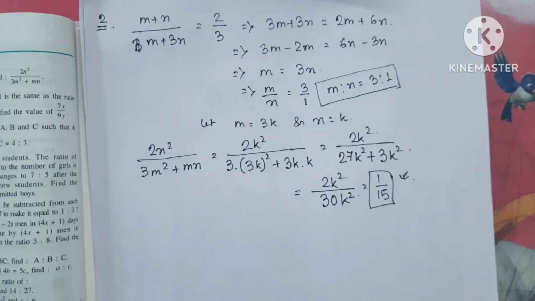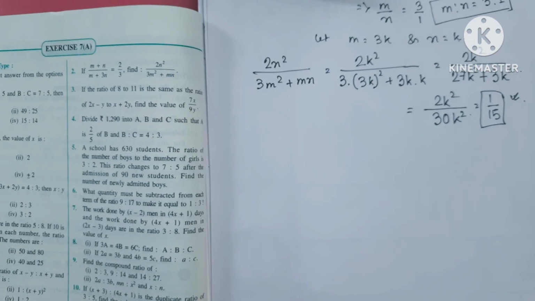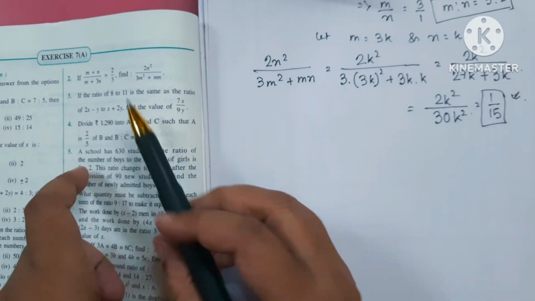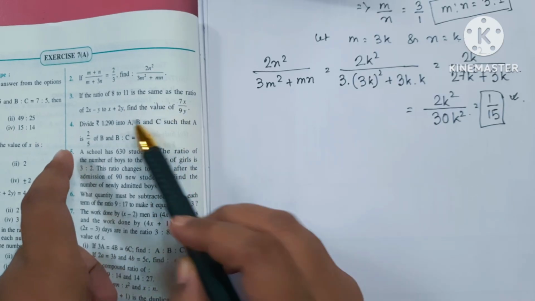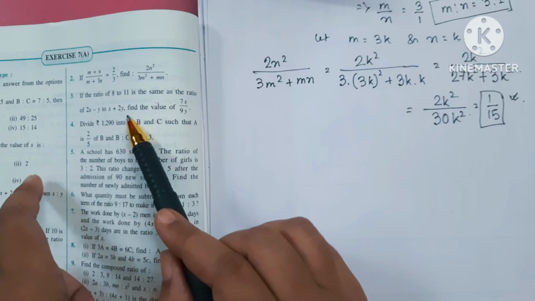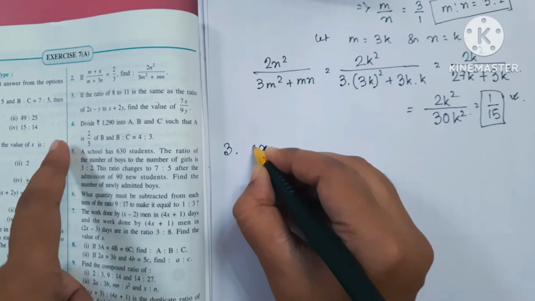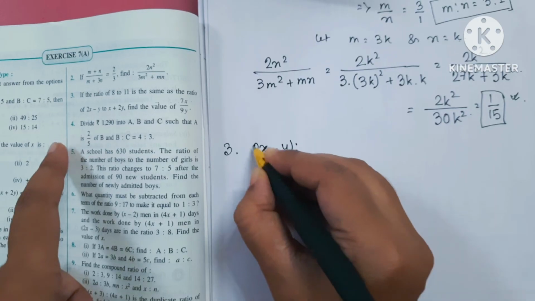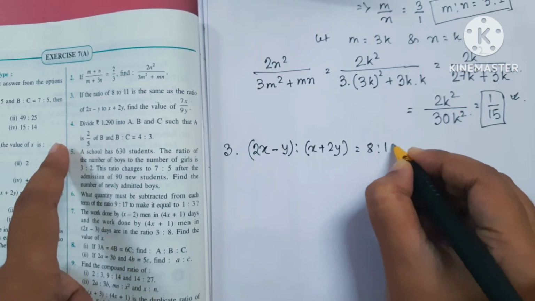Now question number 3. See the question. If the ratio of 8 to 11 is the same as the ratio of 2x minus y to x plus 2y, what does it mean? It means 2x minus y is to x plus 2y is equal to 8 is to 11.